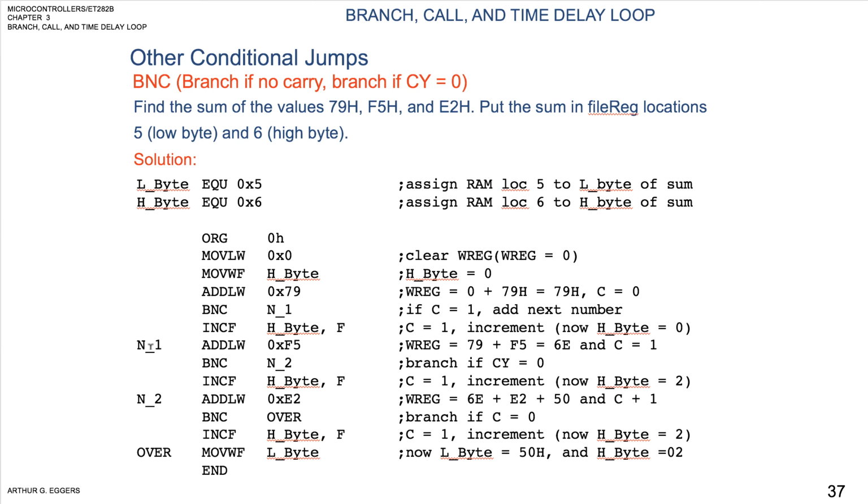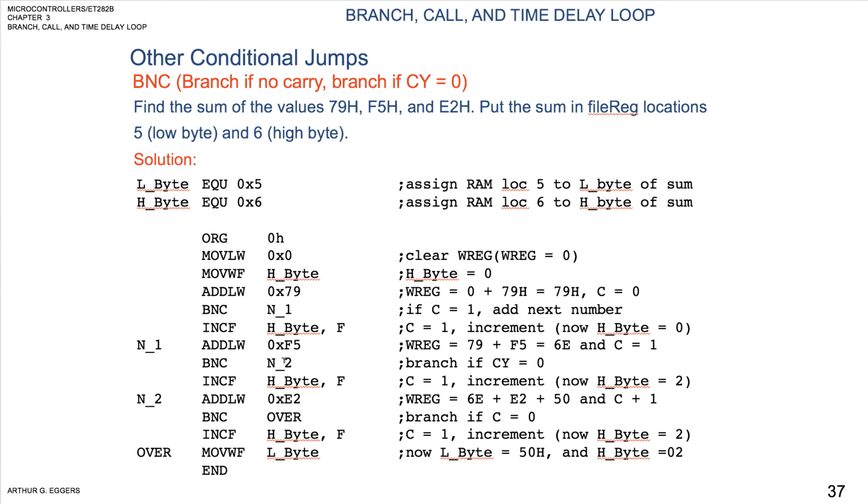In the N_1 portion, we're going to add the literal F5 to the working register. So the working register becomes 79 plus F5, which gives us 6E and a flag of C equal to 1. We've got a branch if no carry to N_2.